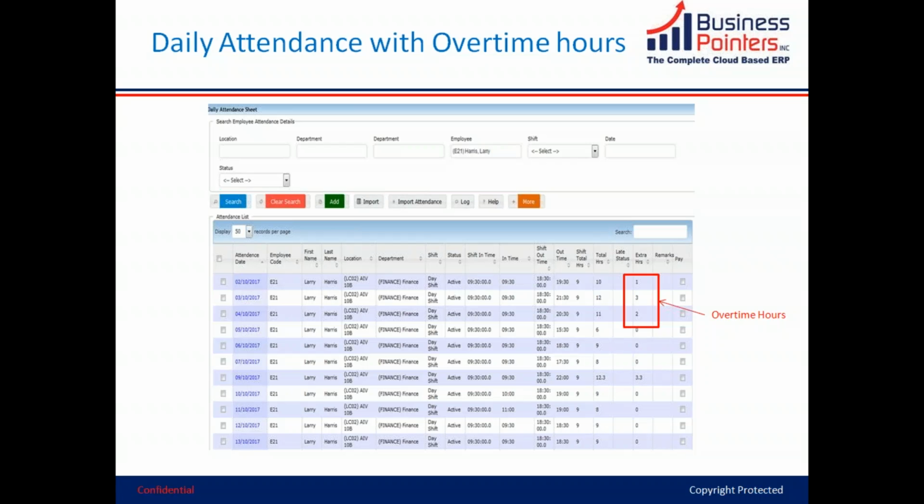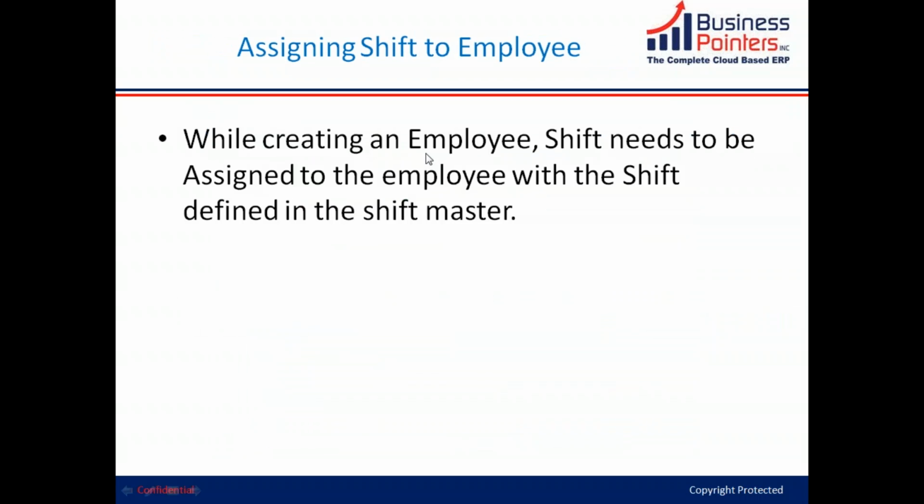This can be done via timesheet, or it can also be done manually, depending upon which particular process the organization is following, or if the organization needs any integration, that can also be done into the attendance management.